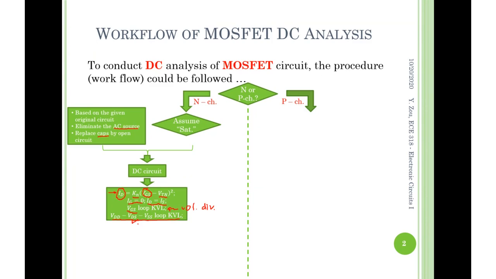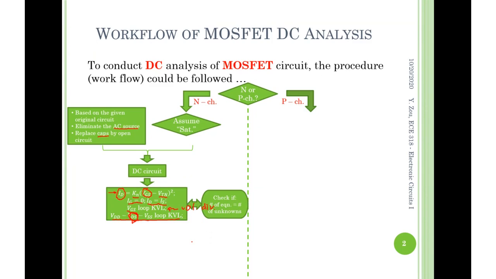Now, these three: VGS, VDS, and ID to look for. Generally speaking, these equations are enough for you to find the values. And of course, according to basic algebra, you need to check if the number of equations is equal to the number of unknowns.